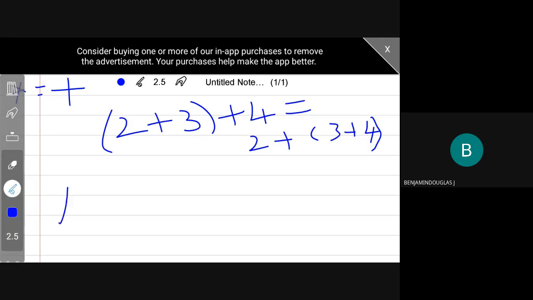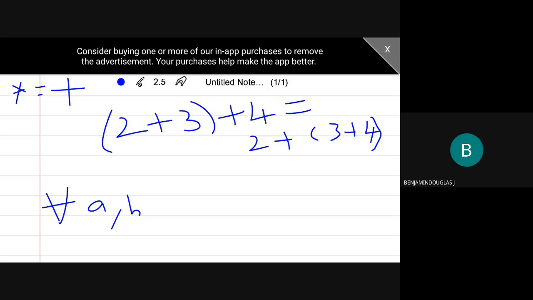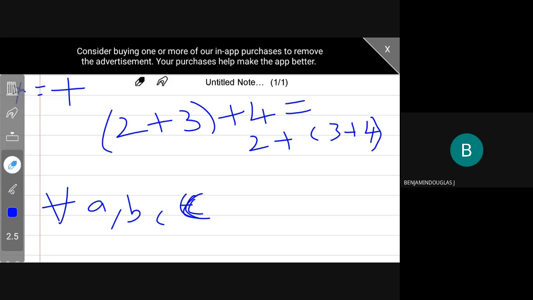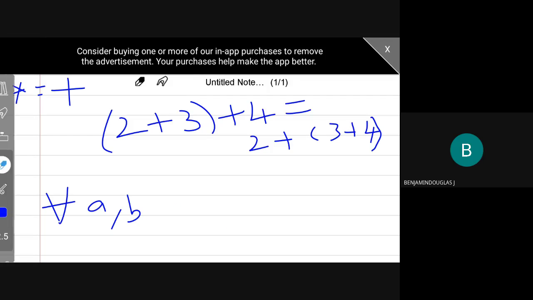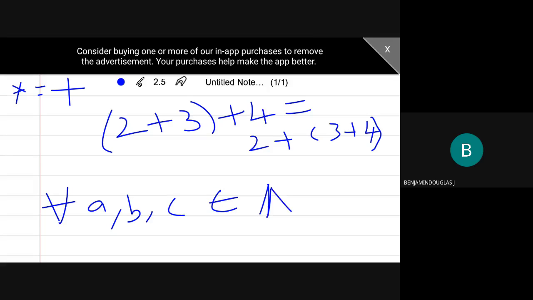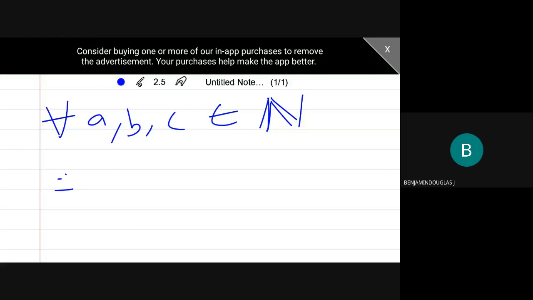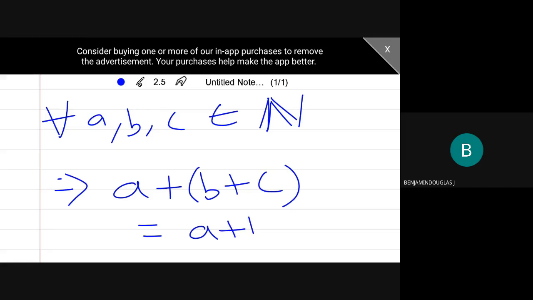That is, for any three elements A, B, C belonging to N, I have to check (A plus B) plus C equals A plus (B plus C).